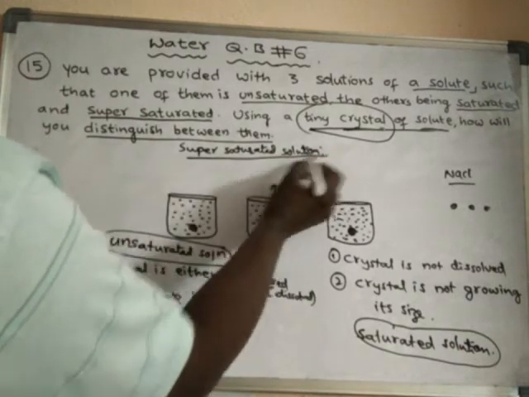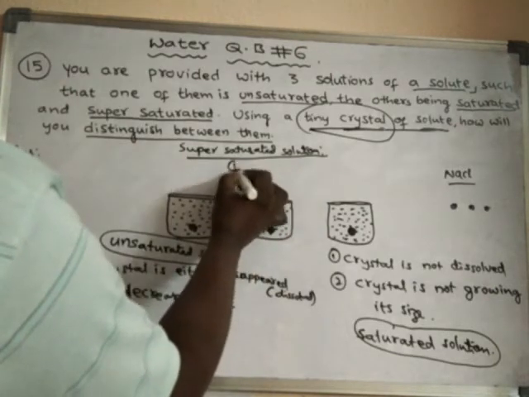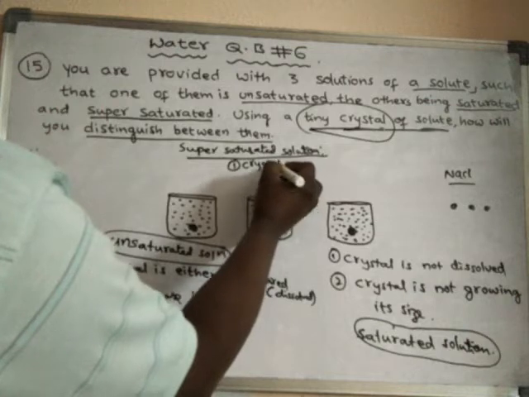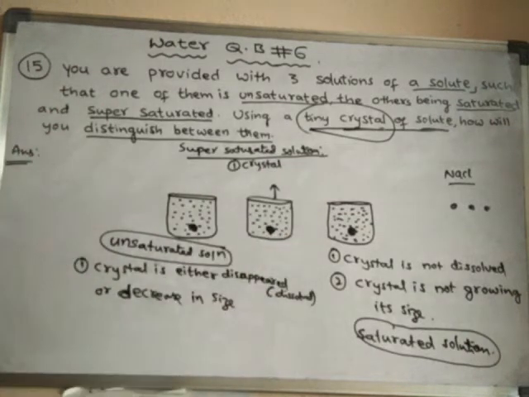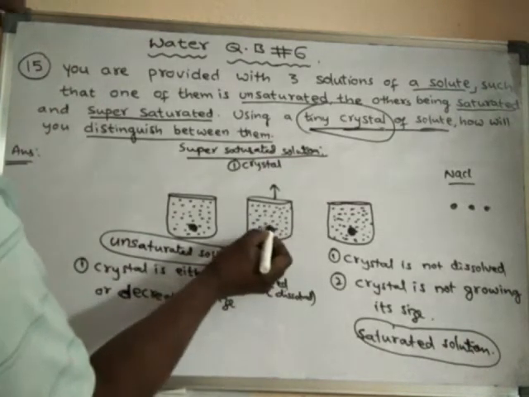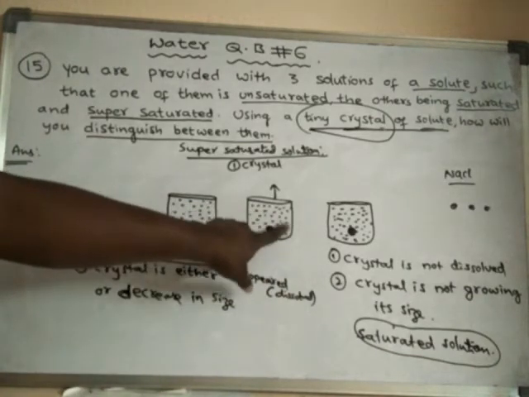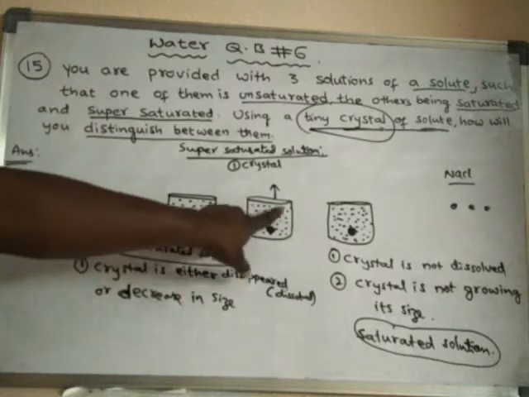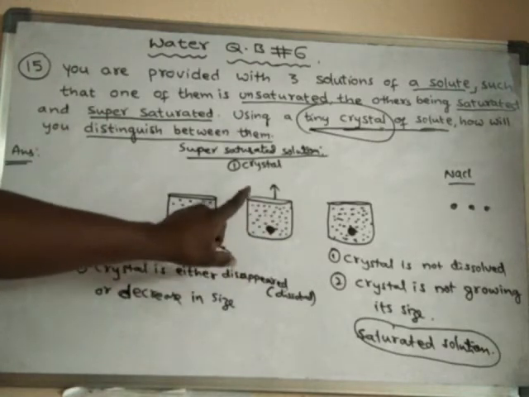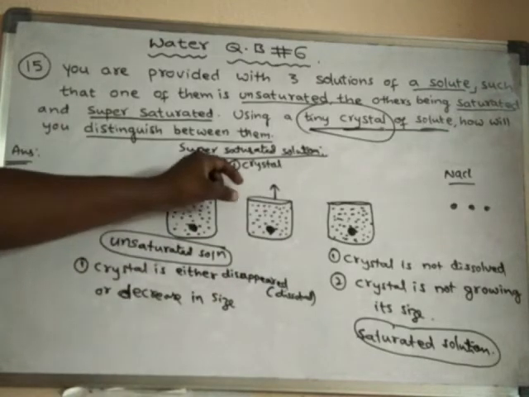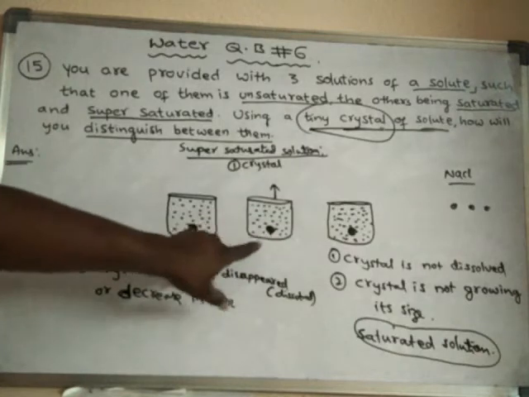In a supersaturated solution, the crystal increases its size. Here there is an extra amount of solute already dissolved in the solution. So when you additionally add one crystal, what happens?